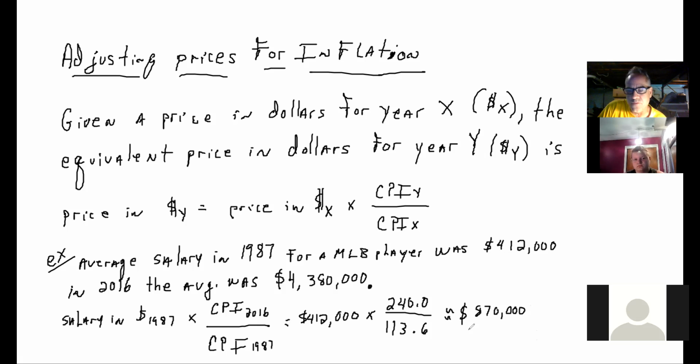If the salary just increased by the rate of inflation, then in 2016 it should be $870,000, but it's not. It's $4,380,000. Right, so the average salary of baseball players has increased way more than the actual rate of inflation.